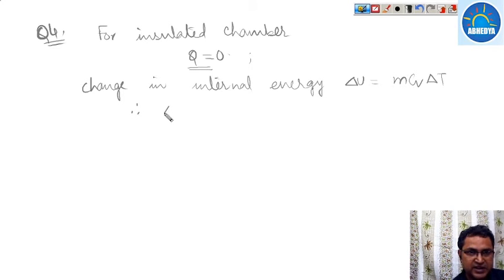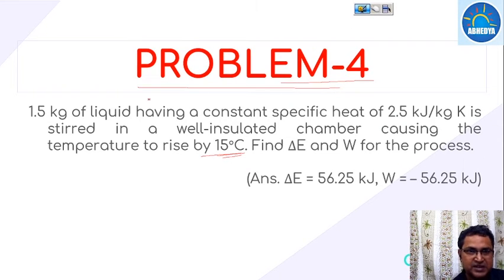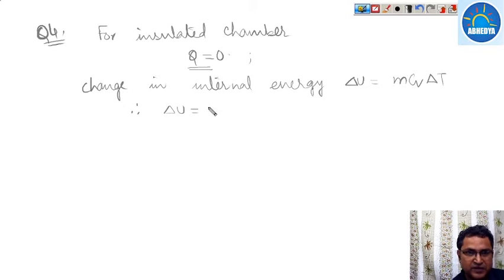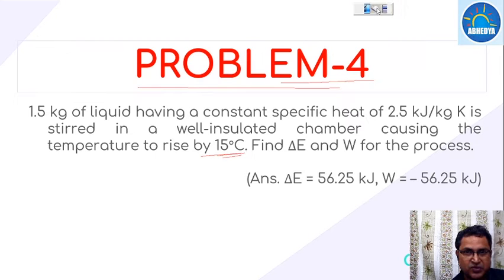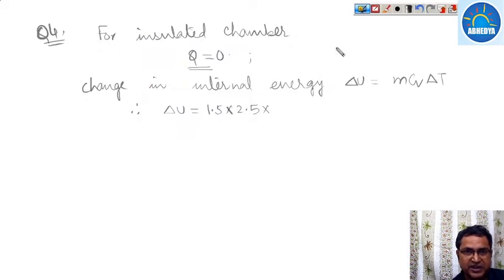That's why delta U is equal to m, the mass, 1.5 kg, times specific heat 2.5 kilojoule per kilogram Kelvin, times the temperature rise of 15 degrees.